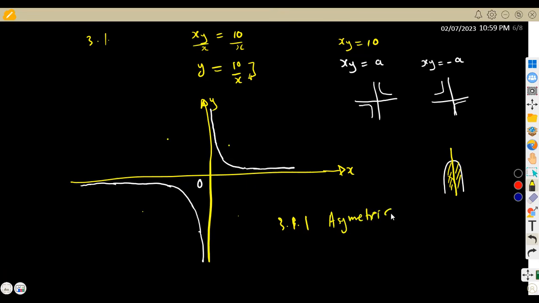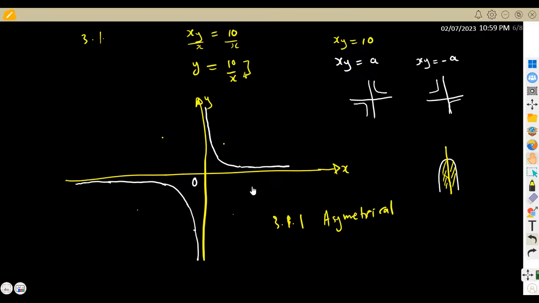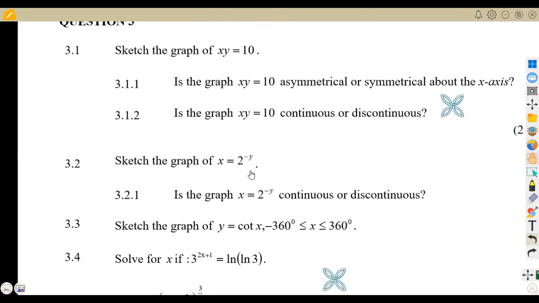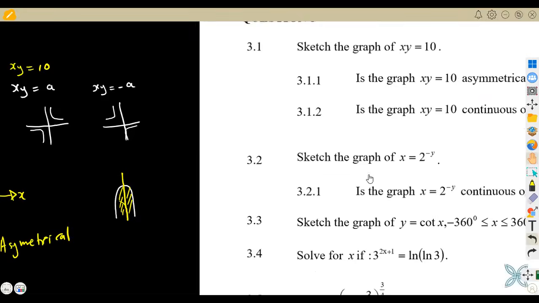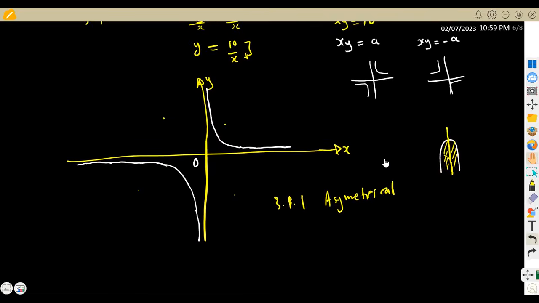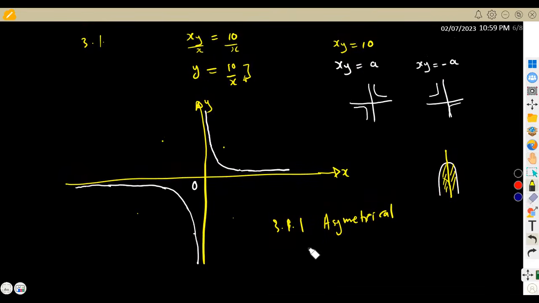All right. Then we have 3.12: is the graph of xy equal to 10 continuous or discontinuous? As you can see, guys, it's discontinuous. If we are referring to a continuous function like this, it continues throughout, it's a continuation type graph.